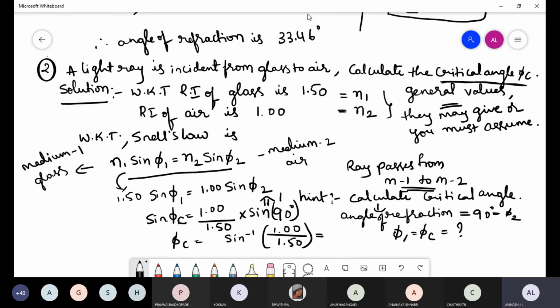So here we need to consider sin inverse of 0.667 is how much? Please calculate and tell me, anyone of you. I am waiting. Please write it down also.